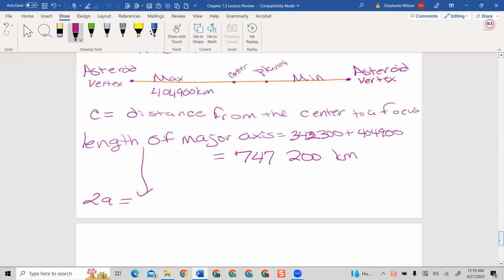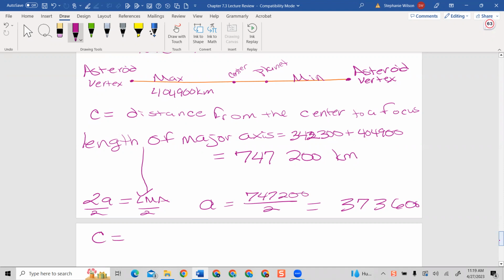I'm going to divide by 2. Now I got A is equal to 747,200 divided by 2. Now I get 373,600 for my A.